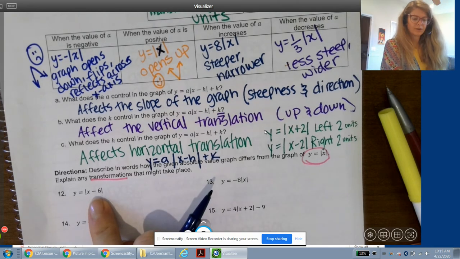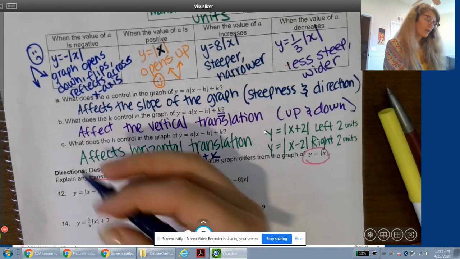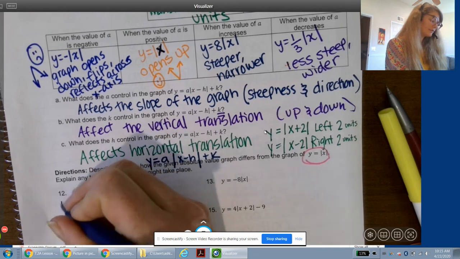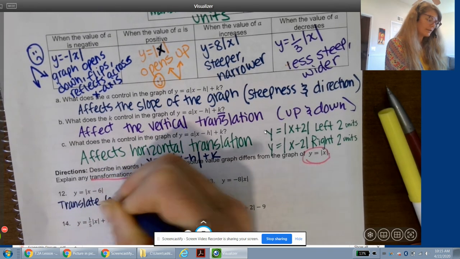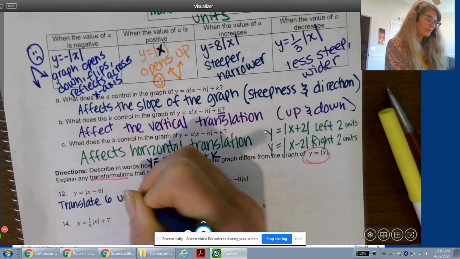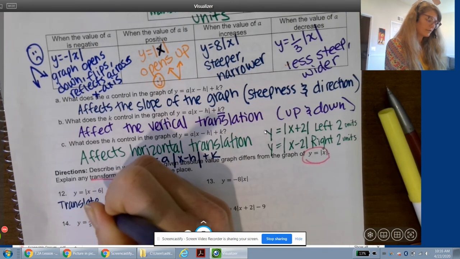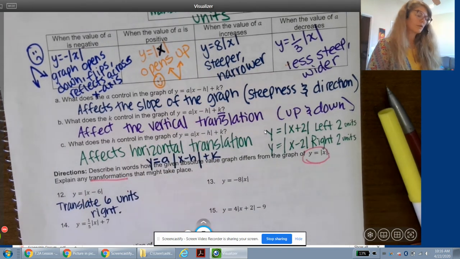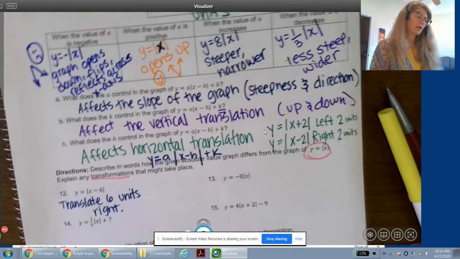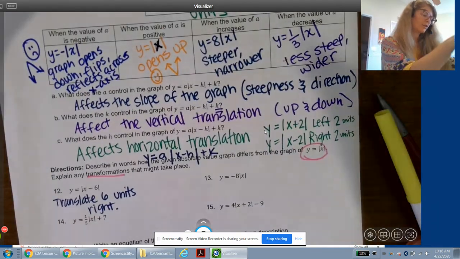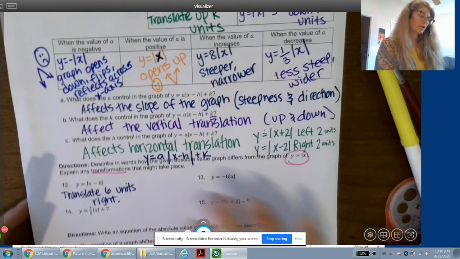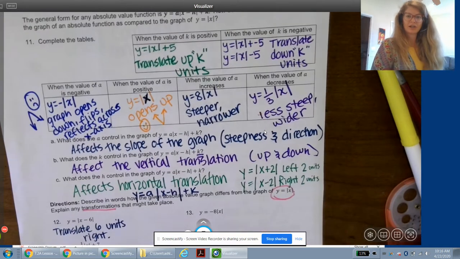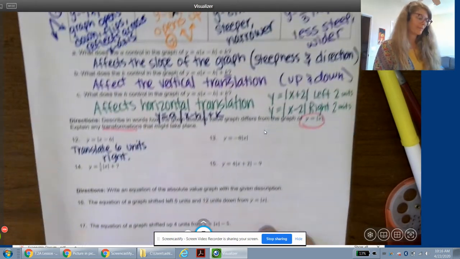So we are going to translate 6 units right. Cool. So go ahead and pause the video and do 13, 14, 15, and then we'll check back in. Make sure you utilize your little notes cheat sheet up here if need be.